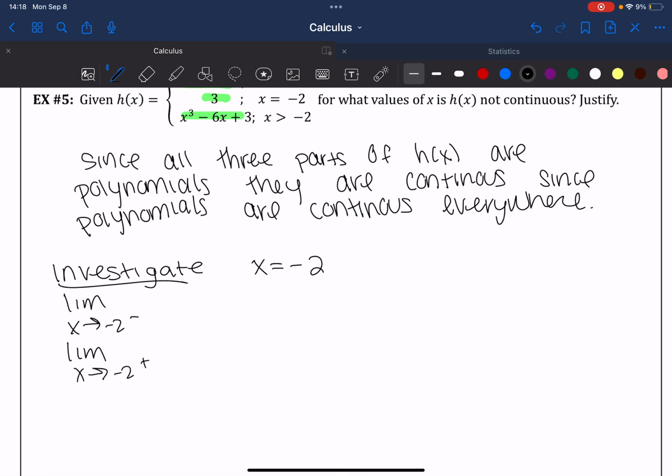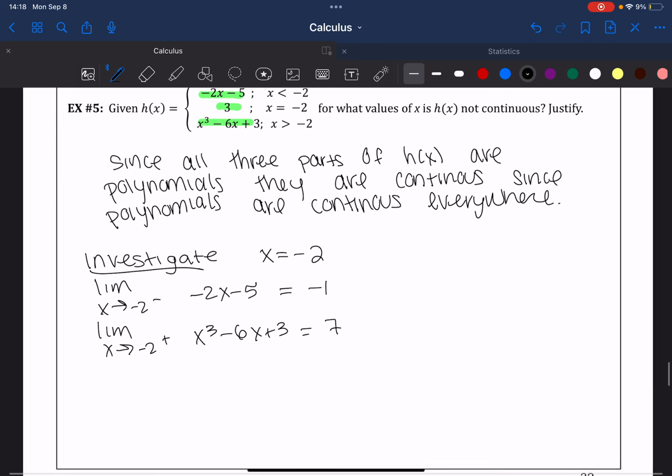From the left, I am looking at negative 2x minus 5, and when I plug in negative 2, I get negative 1. And on the right, I am looking at x cubed minus 6x plus 3, and when I plug in negative 2, I get 7. Notice that since they're two different values, the limit does not exist.